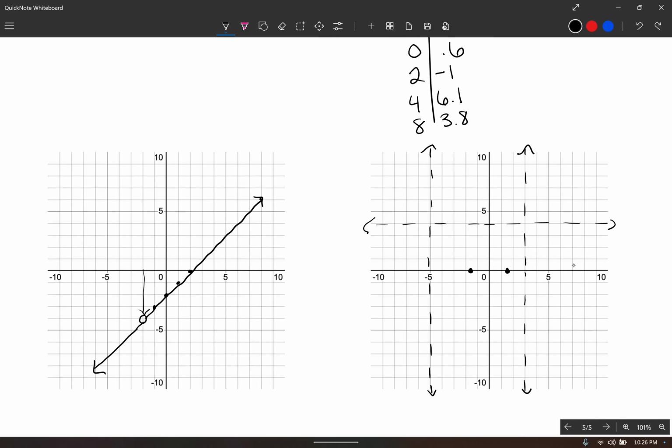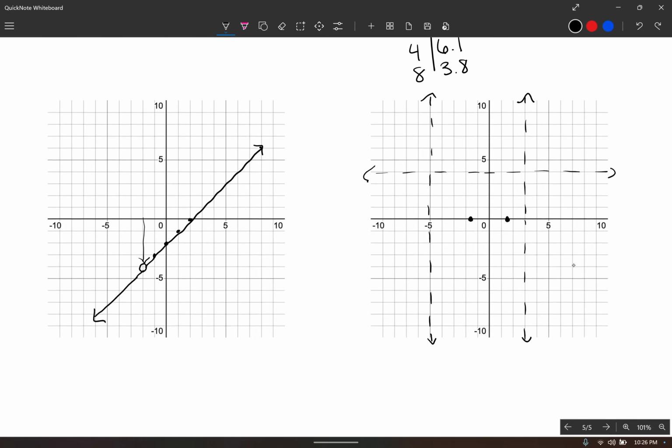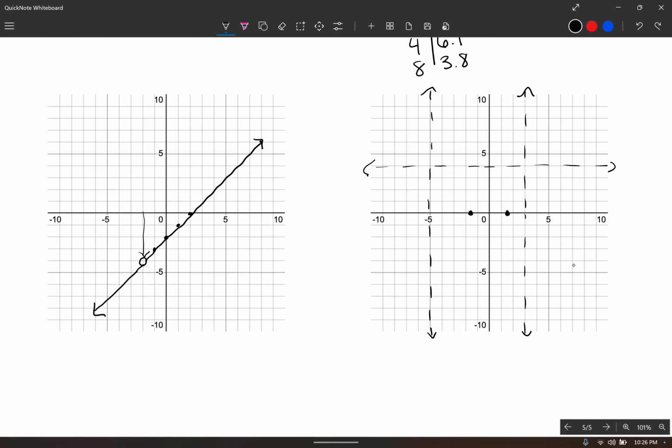So we're going to plot these points. So we have negative 7, and then all the way up to 9.35.